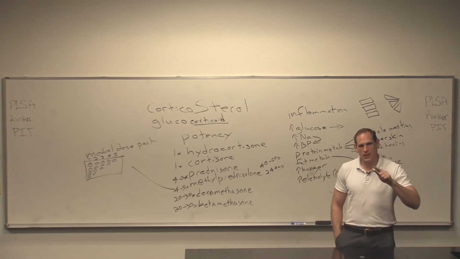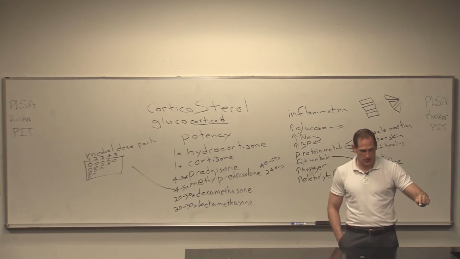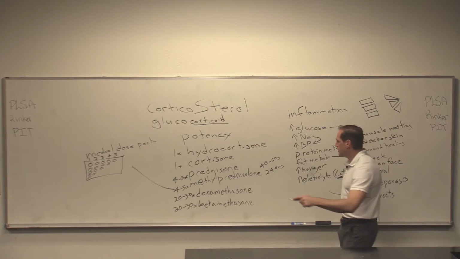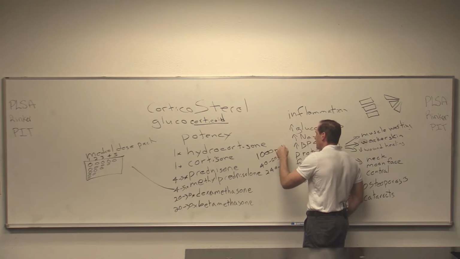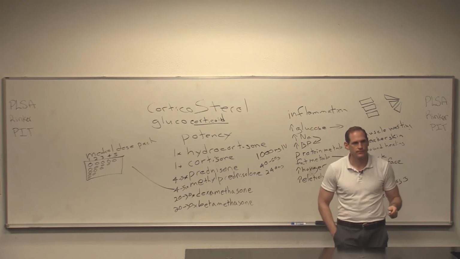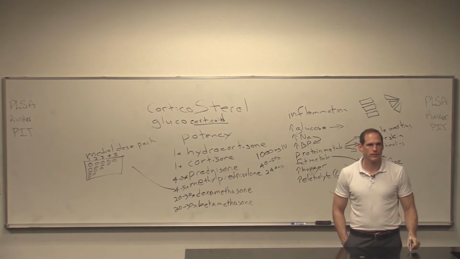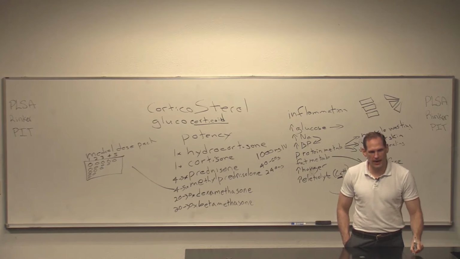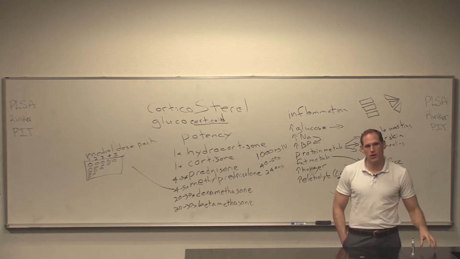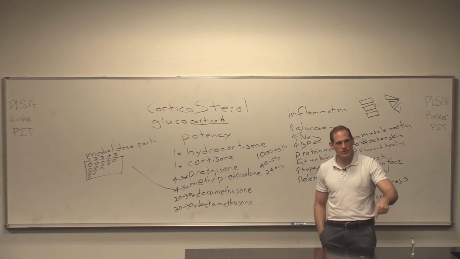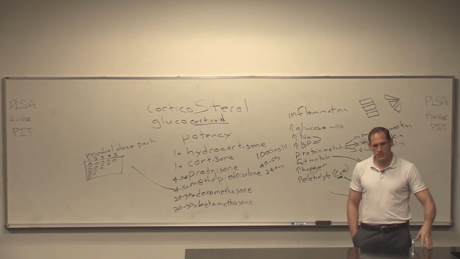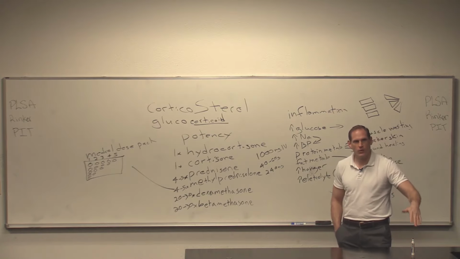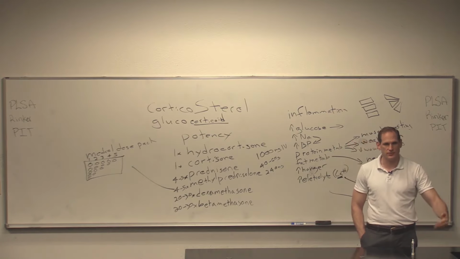Now, if a patient is having transplant rejection, then they could be having 1,000 milligrams IV at once. When you're giving those mega high doses, you're no longer suppressing inflammation, you're suppressing immunity. And the super high dose of steroid will actually kill T cells.